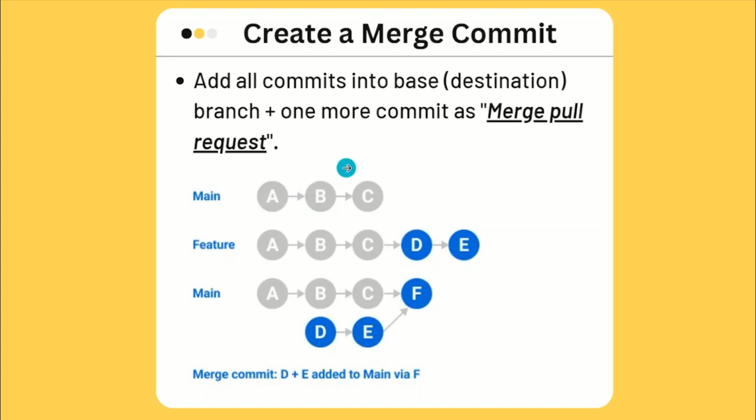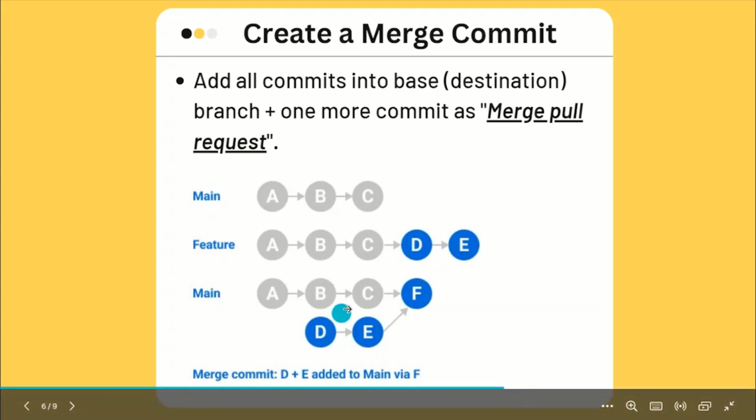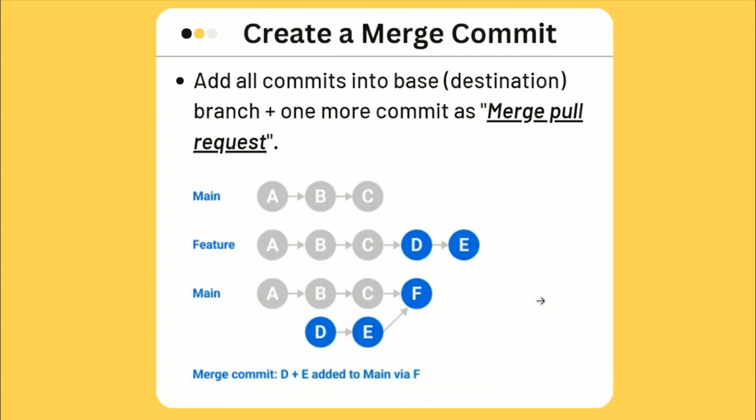What happens? It will add the D and E commits to your main branch, as well as one more commit, F. It's called the merge pull request. So when you merge the feature branch to the main branch, it will add the two commits D and E, and one additional commit, the merge pull request F commit.